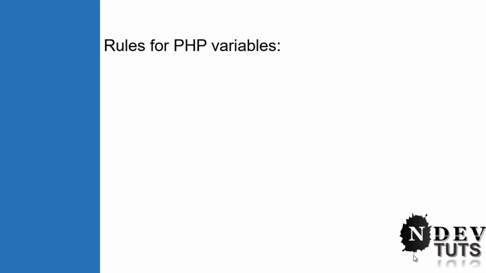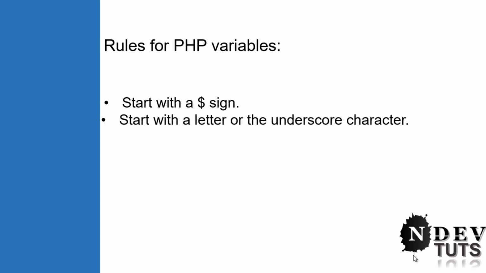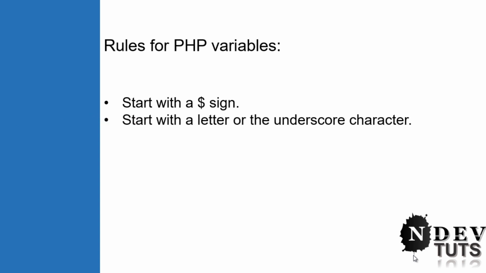Rules for PHP variables. First, a variable starts with the dollar sign followed by the name of the variable. Second, a variable name must start with a letter or the underscore character. Third, a variable name cannot start with a number.